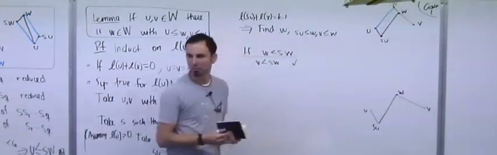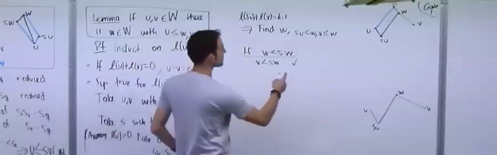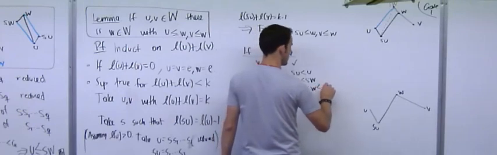Now let me just write all of this out. So to prove this, I say that SU is less than U. I say that W is less than SW. And I say that SU is less than W, which is less than SW. Okay.